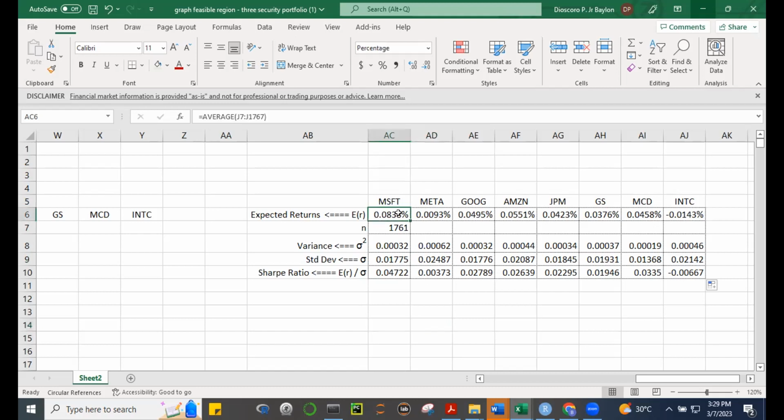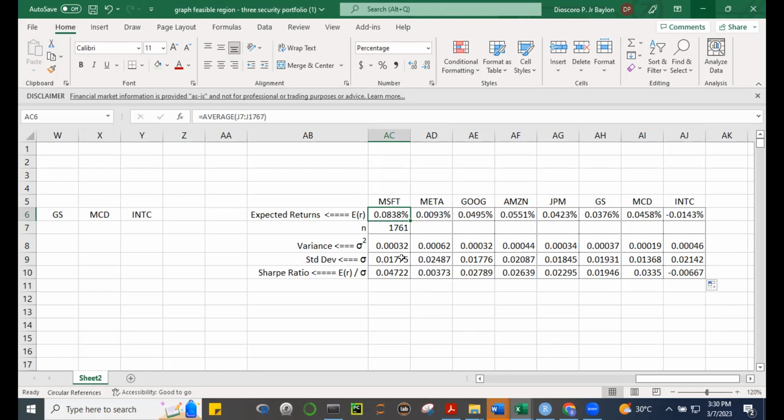For the period from January 1, 2016 until December 30, 2022, Microsoft exhibited the highest average returns at 0.08%, followed by Amazon at 0.05, and then I think McDonald's, and then JP Morgan, Google first. And the lowest performer was Intel because it exhibited negative average returns.